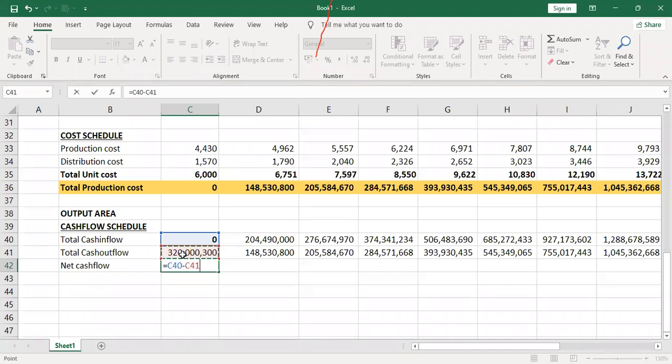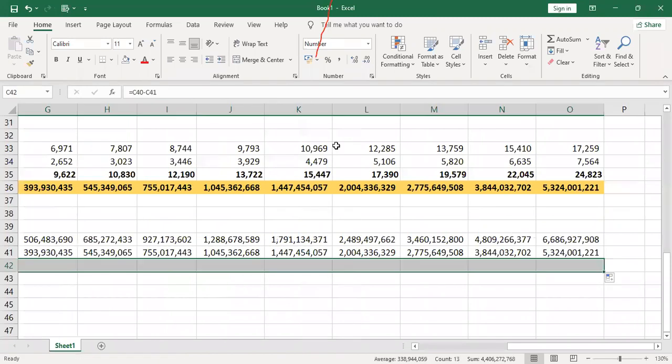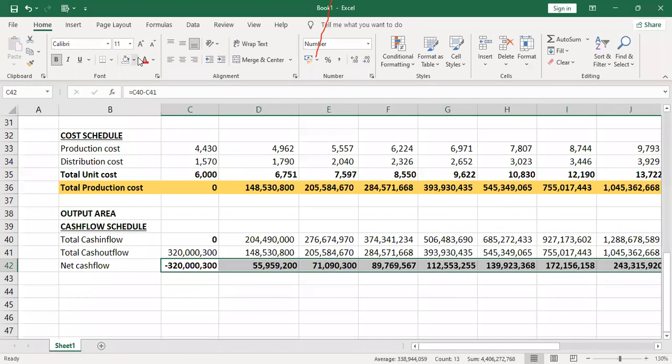Then press enter. Click on the value, press the cursor on the autofill icon and drag. If you know how to bold these values, bold them, and you can also change the highlight color.